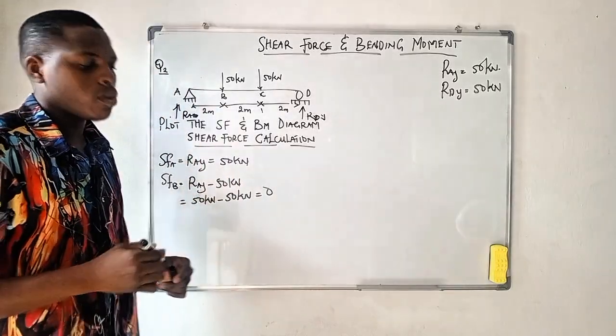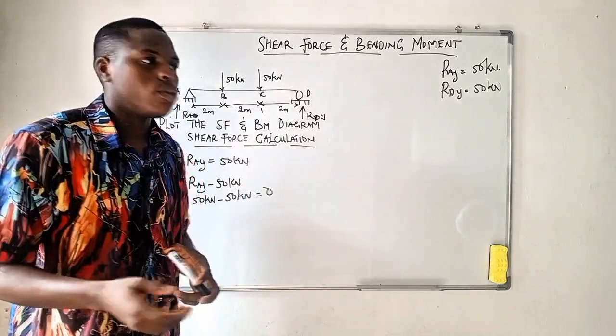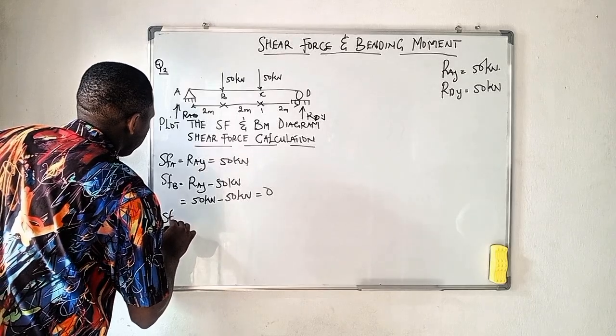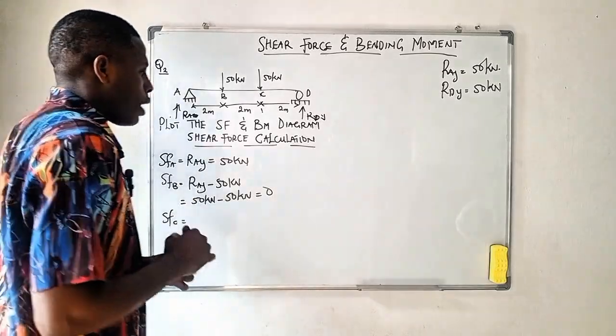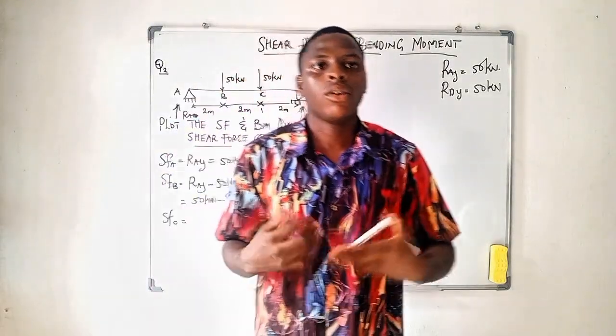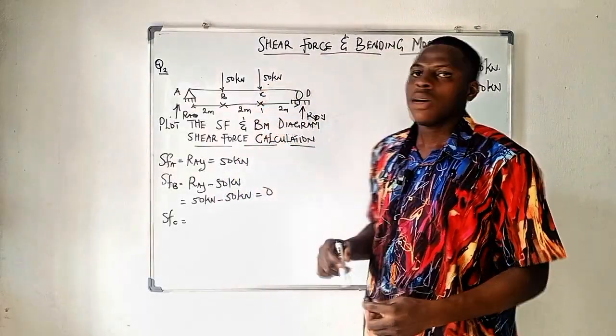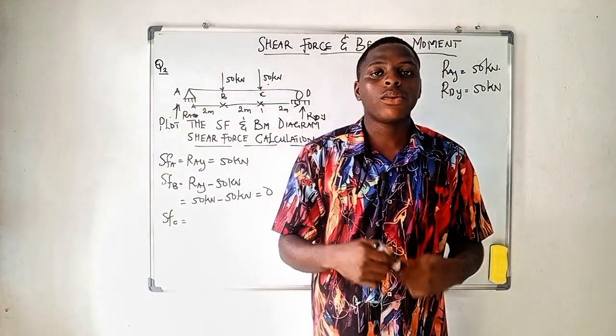The next thing that should come to your mind is, what is the shear force at point C? The concept is, you are standing at point C, which is this. What is the force you are seeing before your point C?